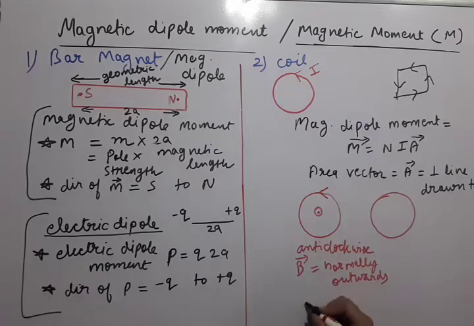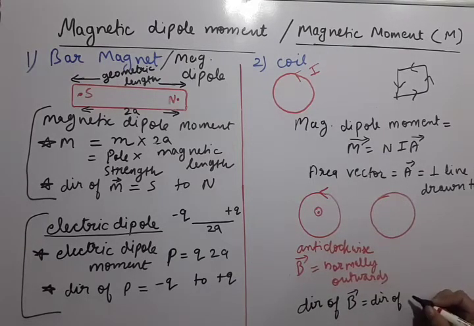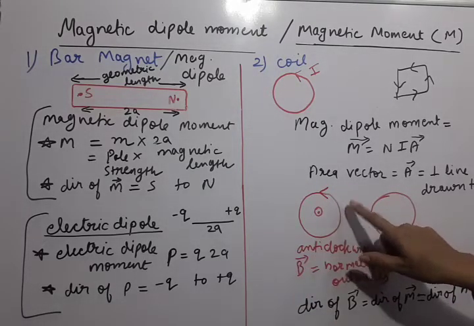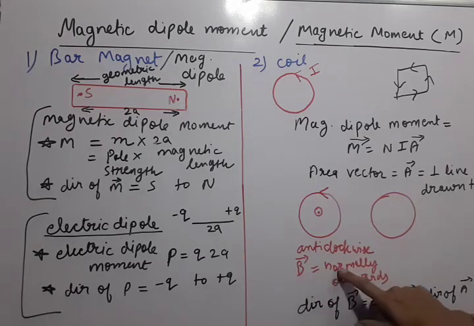So whether we write the direction of B vector or M vector or A vector, all the directions are similar, and they are found by the similar rule that if anti-clockwise current is there, then the magnetic field is normally outwards.